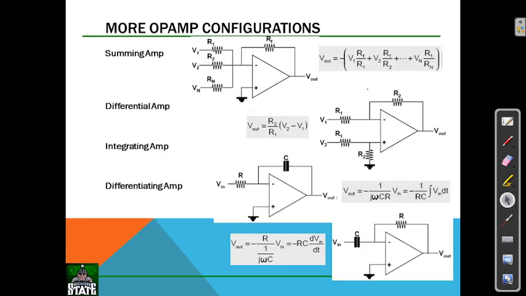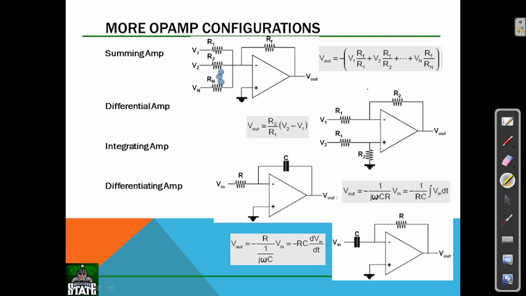Then we have more things we can do with the amplifier. For example, the summing amplifier, which means we can sum voltages. How does it happen? V1 is connected with resistor R1, V2 with resistor R2, up to Vn with resistor Rn, so n voltages can be summed in this summing amplifier.